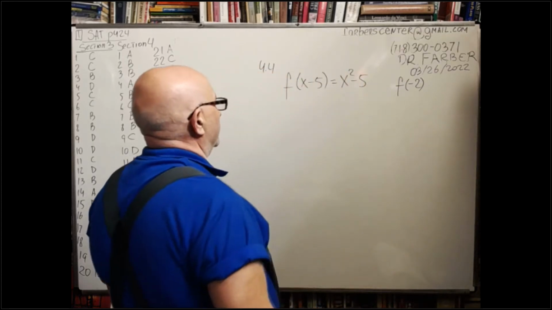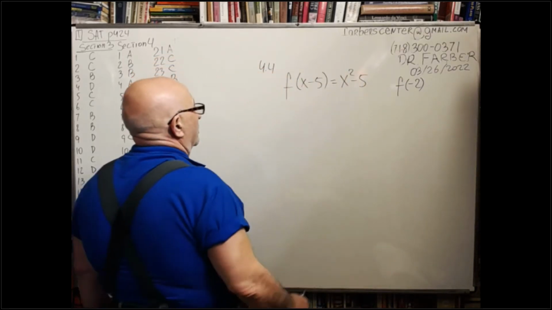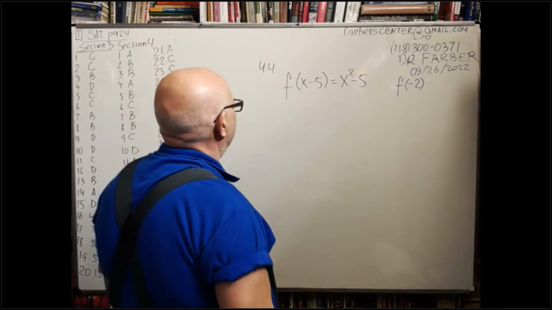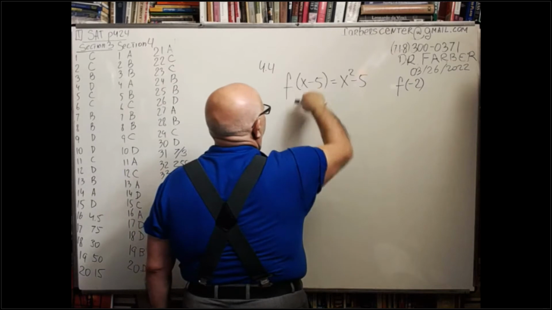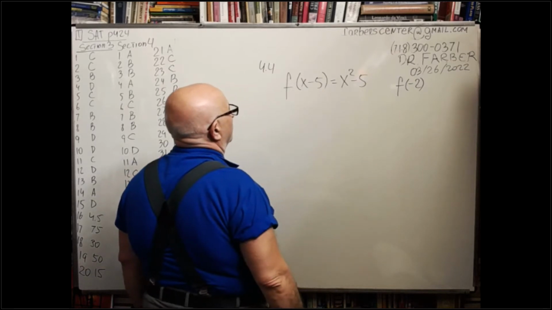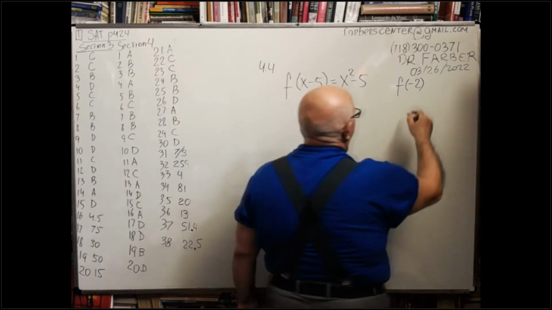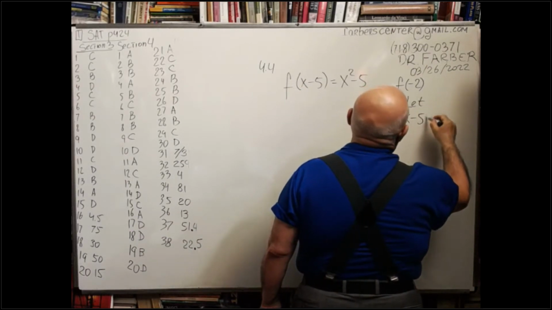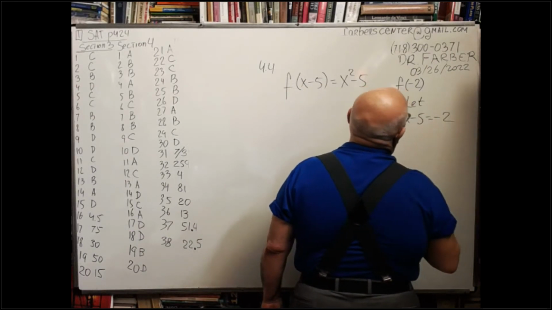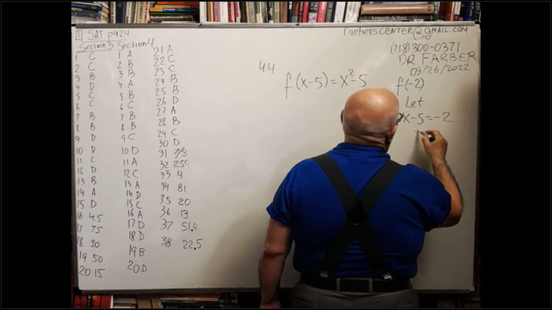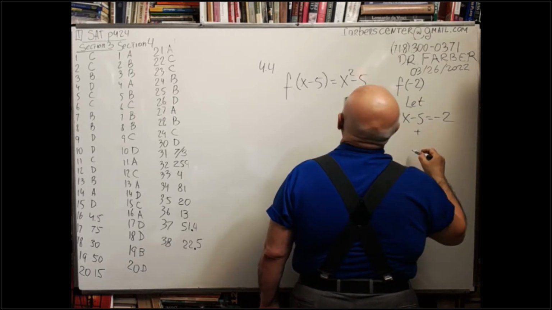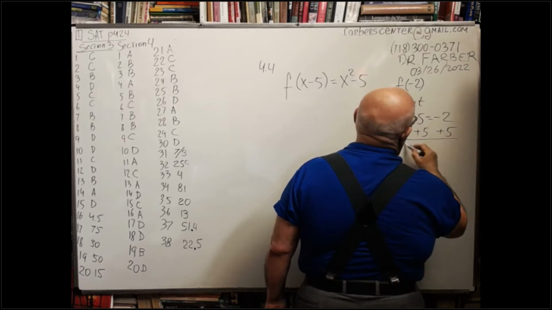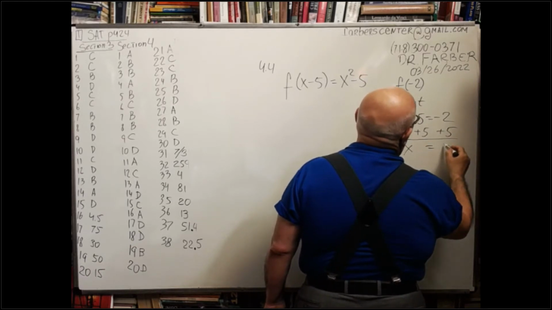Okay, look at this. You can do it a few different ways. For instance, with f of x minus 5, you can do it like this. Let x minus 5 equal -2, and x equals 3.